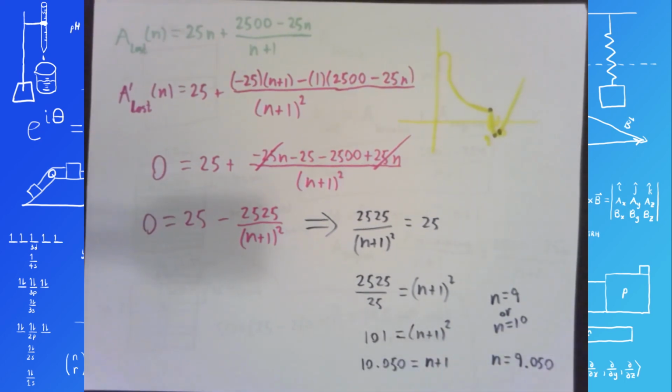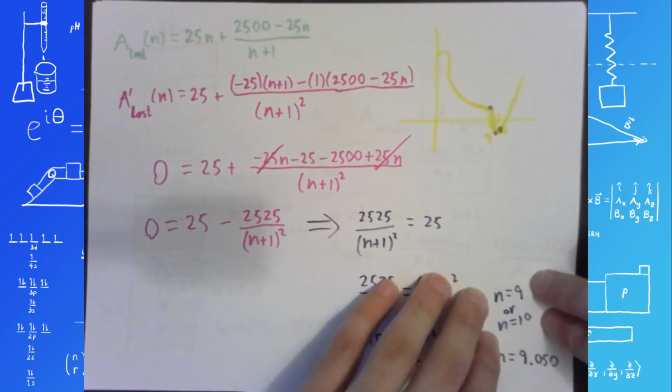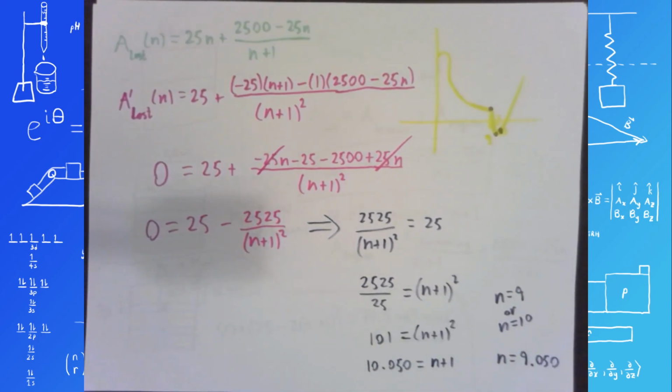So my point here is, don't be misled by the idea of closeness. Just because 9 is closer does not necessarily mean that 9 is where the minimum will happen. Maybe it will be. I wouldn't be surprised if that were the case, but my point is we do need to test both numbers.